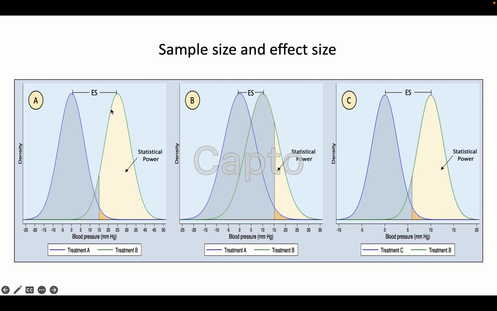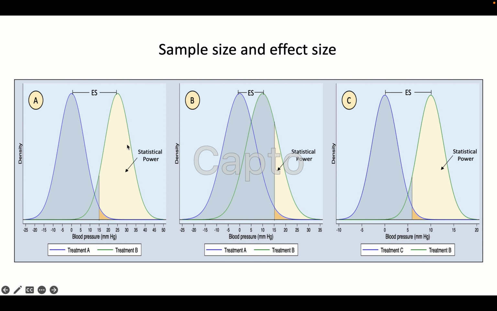But because the alpha and beta values are very difficult to change in many situations, some researchers just manipulate the effect size in order to have a good statistical power.